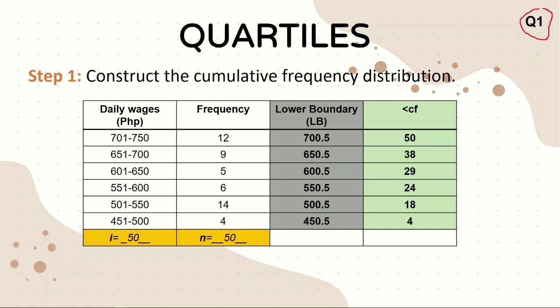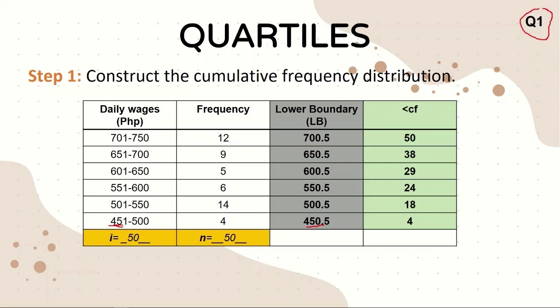So what is the lower boundary of 451 to 500? All we need to do is subtract 0.5 from the lower class limit, which on the first class is 451. So 451 minus 0.5, the answer is 450.5.